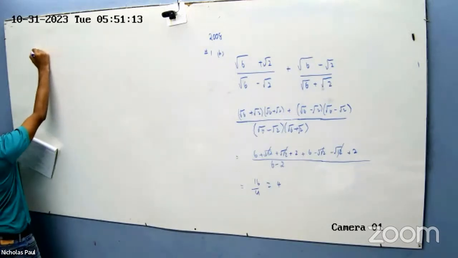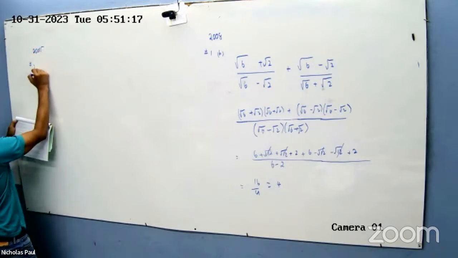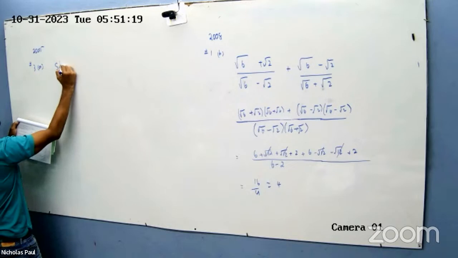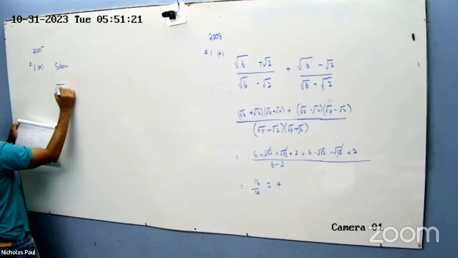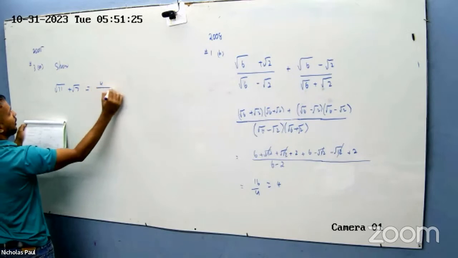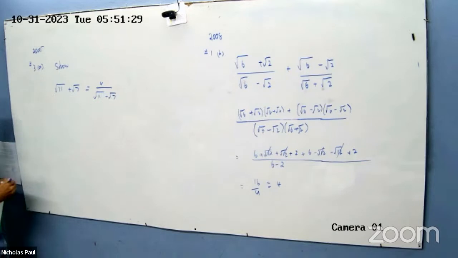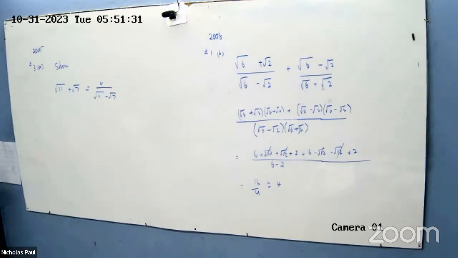Right, in this year, this is 2005. Number 3, they want you to show quickly that root 11 plus root 7 is equal to 4 over. You have to show that. How are you doing that?